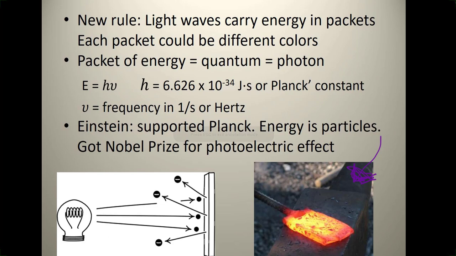The packet of energy, he called it quantum. So that's where the word comes from. Max Planck was the one that came up with that term. And so basically this is a photon. He said that when this piece of metal heats up, the energy is released as a photon, a little packet of energy.